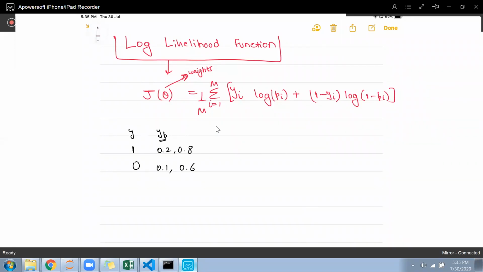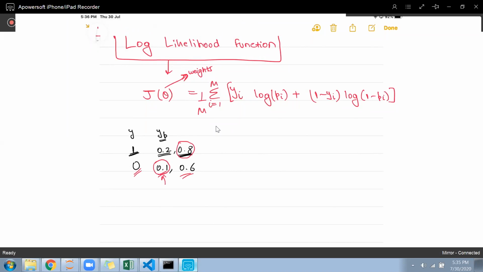If my y is 1, and y predicted is 0.2 or 0.8, which one should I use? 0.8. Why? It is very close to 1. But when y is 0, and the options are 0.1 or 0.6, which one should I use? 0.1, because it is close to 0, correct?